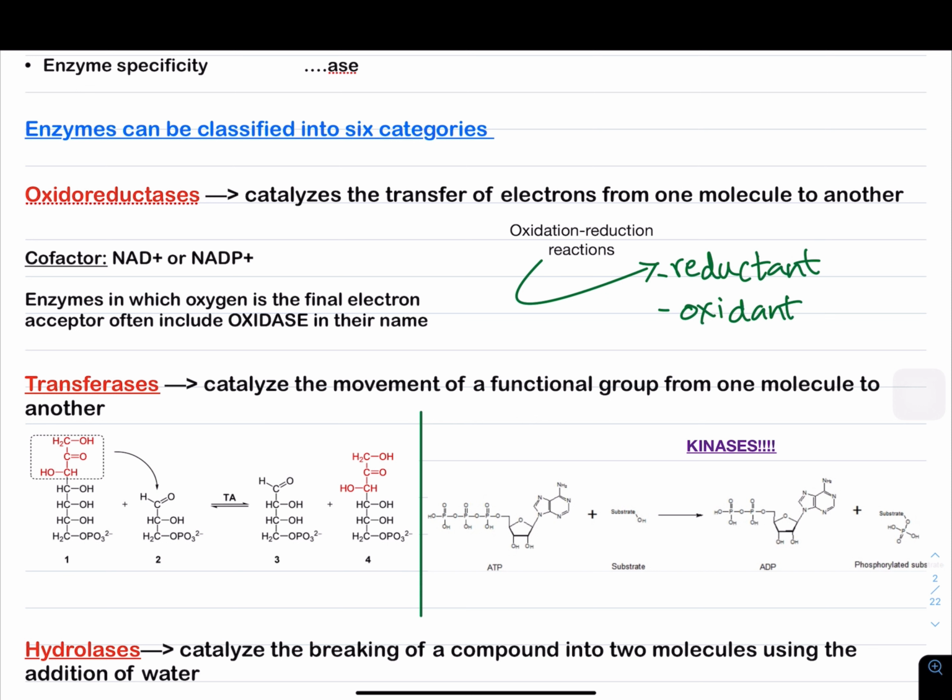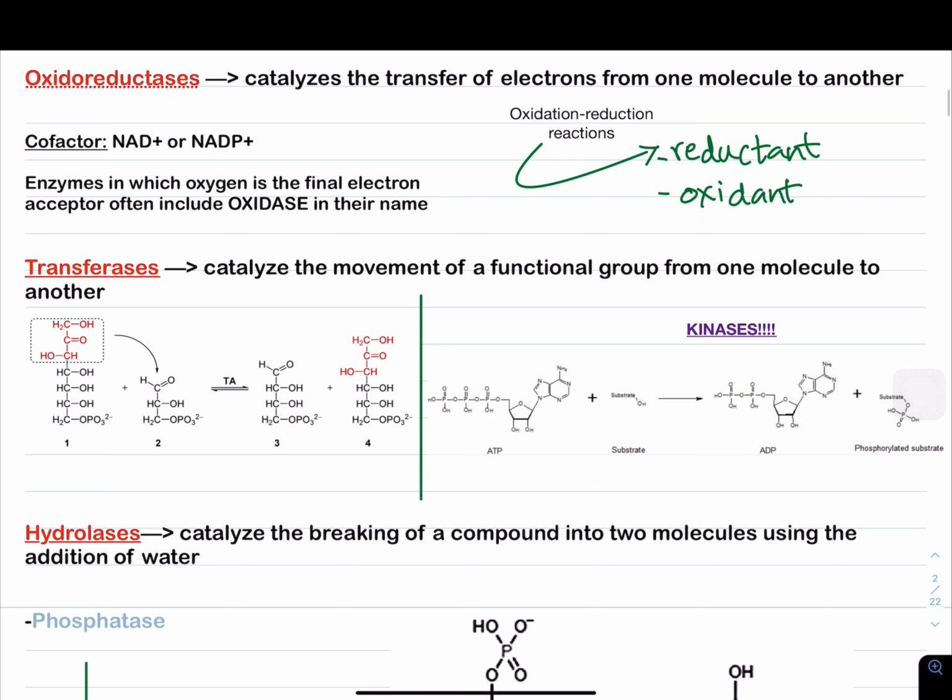Oxidoreductases often do have cofactors that act as electron carriers, like nicotinamide adenine dinucleotide or nicotinamide adenine dinucleotide phosphate. And enzymes whose final electron acceptor is oxygen include oxidase in their name.